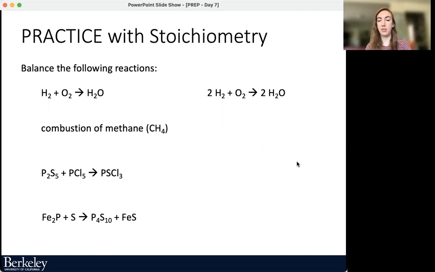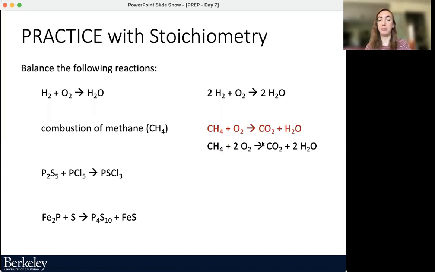For CH4, the combustion reaction is always CH4, or whatever thing is being combusted, plus O2 goes to CO2 and H2O. And so when we balance that, we get CH4 plus 2 O2 goes to CO2 plus 2 H2O.